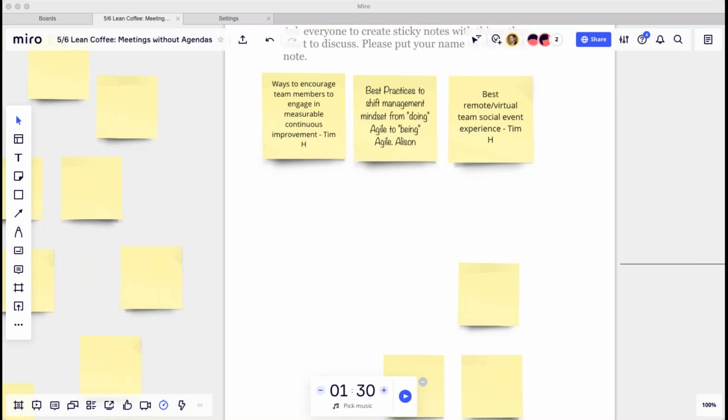And then on that first one, sorry, I missed that one: engaging in measurable continuous improvement. My one team struggles. They'll do a retrospective and come up with some things, but they have a hard time crossing the line to the part where it's like, oh wait, we need to do work that's not just about delivering stories.